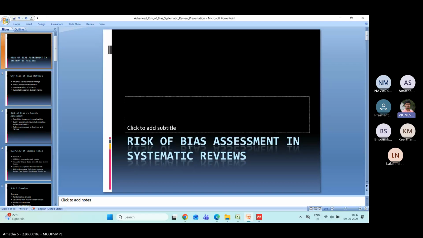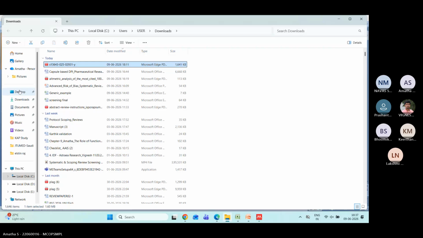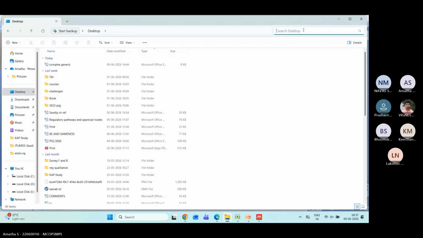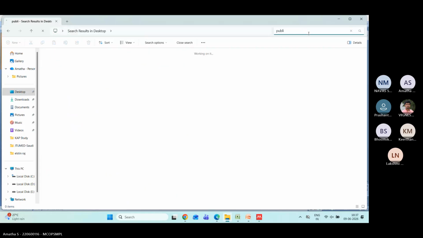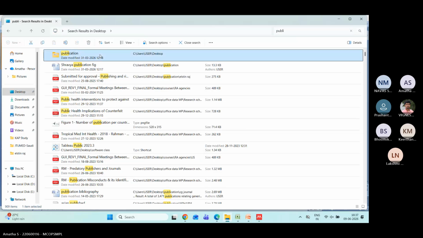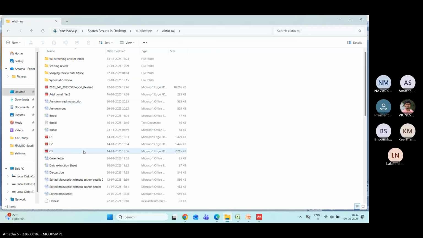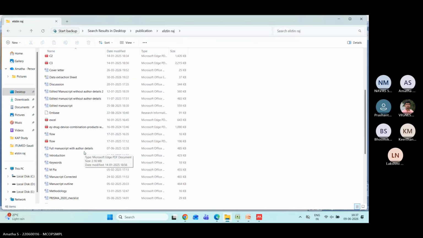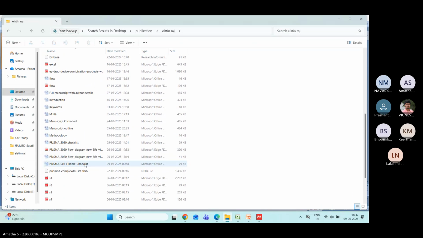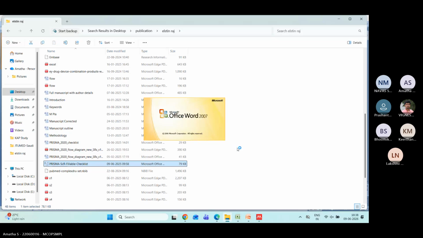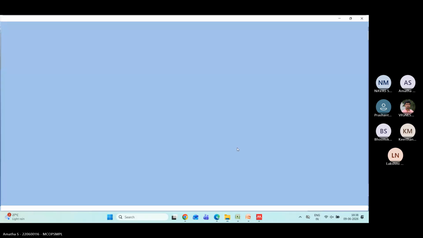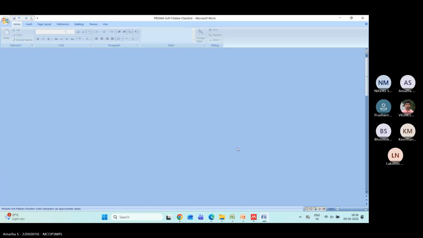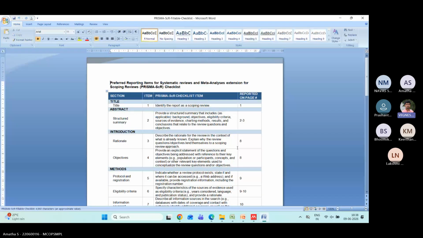Risk of bias for scoping review, if you are looking into systematic and scoping review, here the PRISMA-ScR checklist is there.